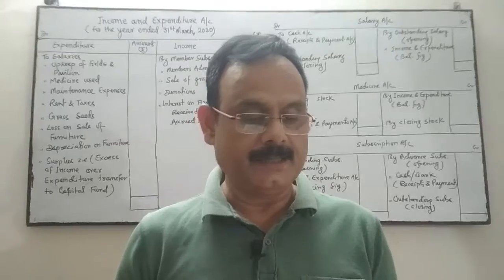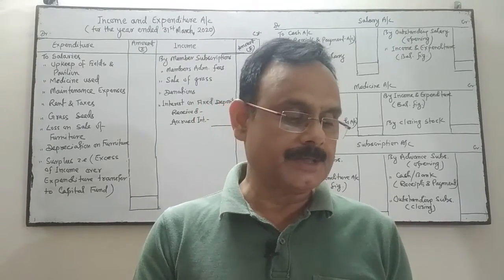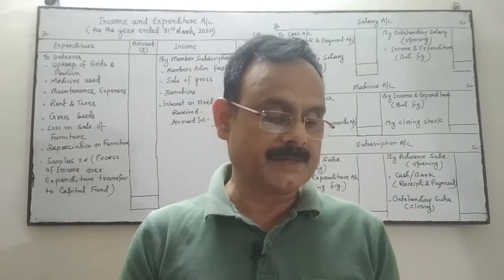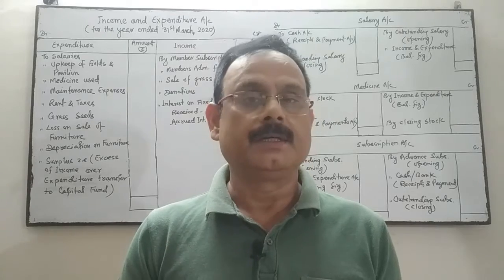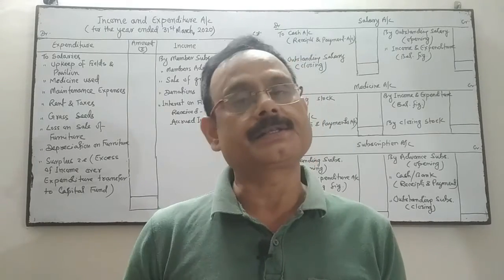And the payment side: your salary, upkeep of fields and pavilions, medicine purchased, match expenses, building construction, maintenance expense, rent and rates, grass seeds, cost of second-hand car and the closing balance.